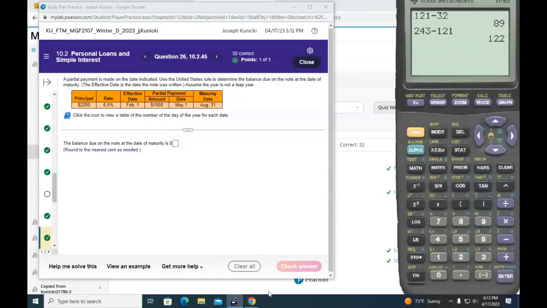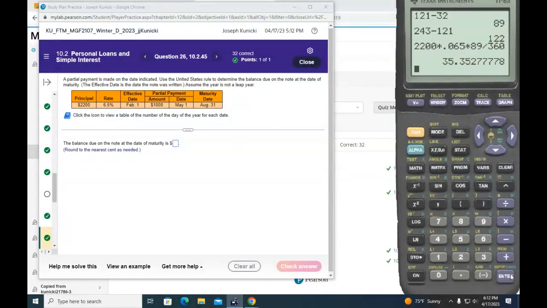We good? Okay, so now I want to figure out the first interest due at May 1st. So I take the original principal, 2,200, times the rate, which is 6.5%, times the 89, which is the amount of time, divided by 360. So there's my PRT for the first payment.